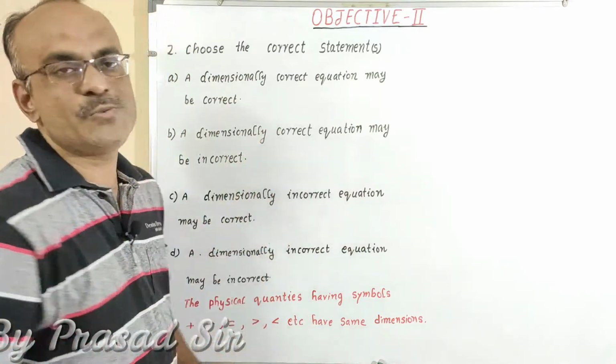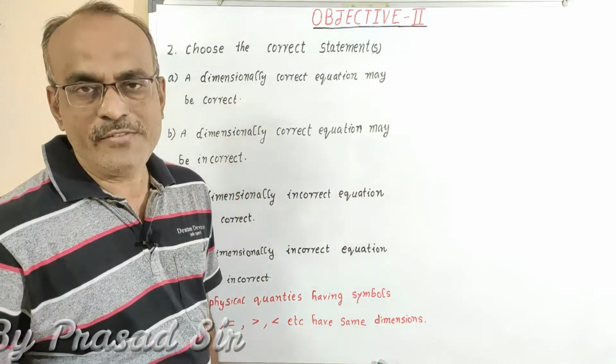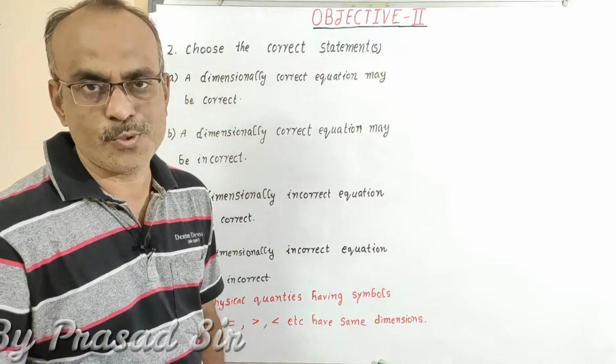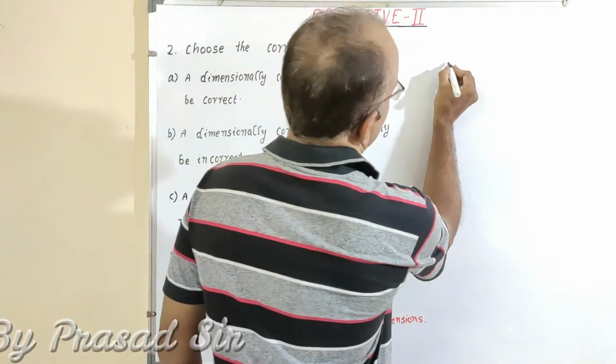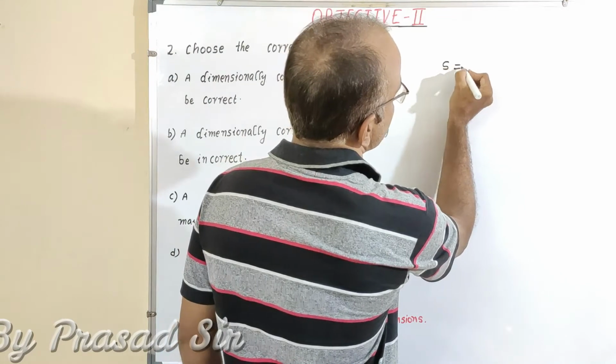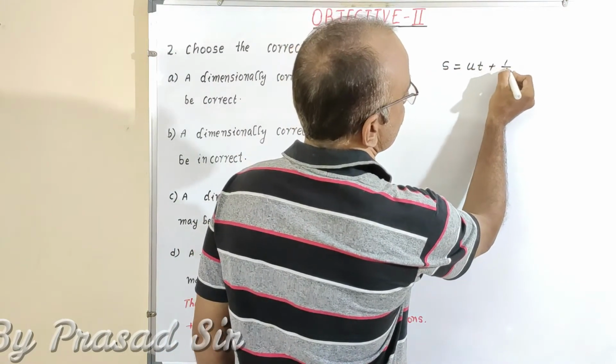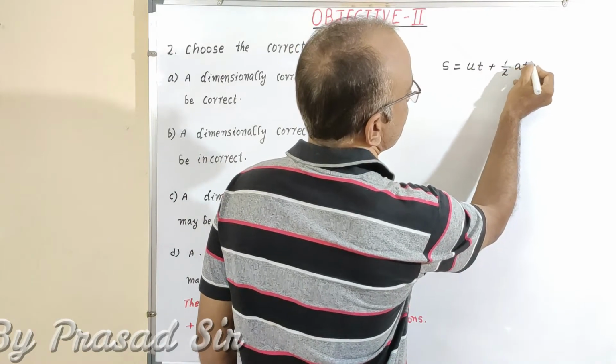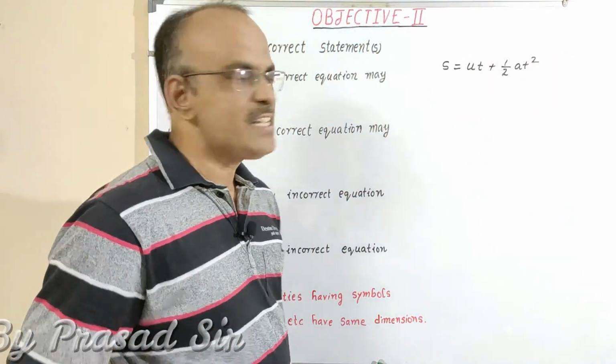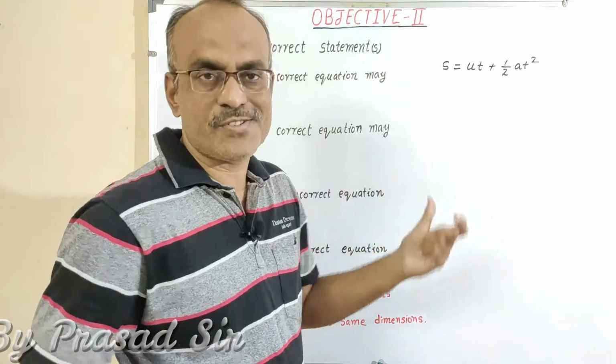Now to solve this one, we will take a familiar example given in the H.C. Verma textbook. That is S is equal to ut plus half at square. First of all, we have to write the dimensions for this.